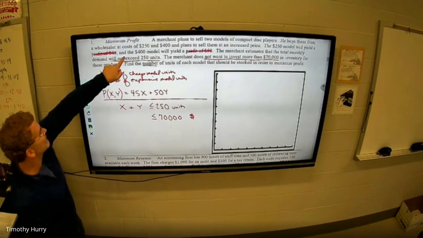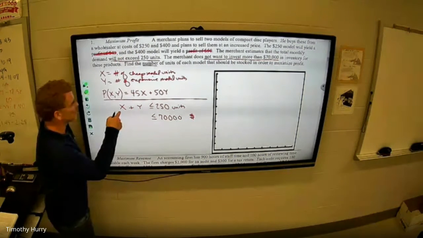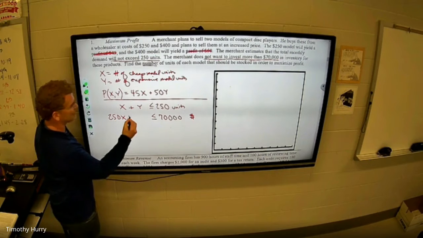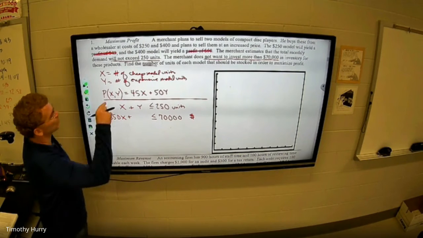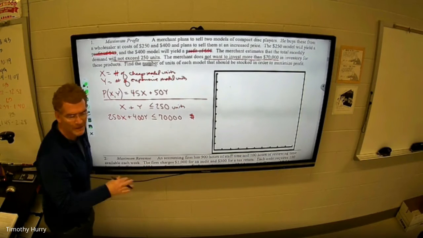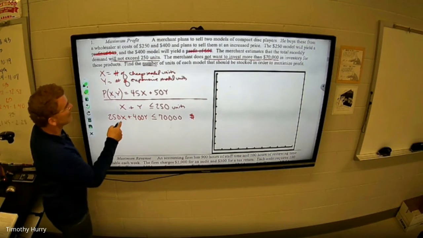The merchant is going to spend $250 for each of those, and he's going to spend $400 for each of those. And yes, he's going to sell them for more, but that has to do with this profit equation.